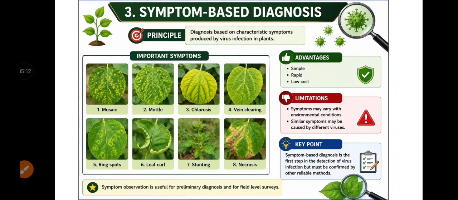Important symptoms produced by viruses are mosaic, mottle, chlorosis, vein clearing, ring spot, leaf curl, stunting, and necrosis. All these symptoms vary from virus to virus. Tobacco mosaic virus will produce mosaic symptom. Like this we can predict.